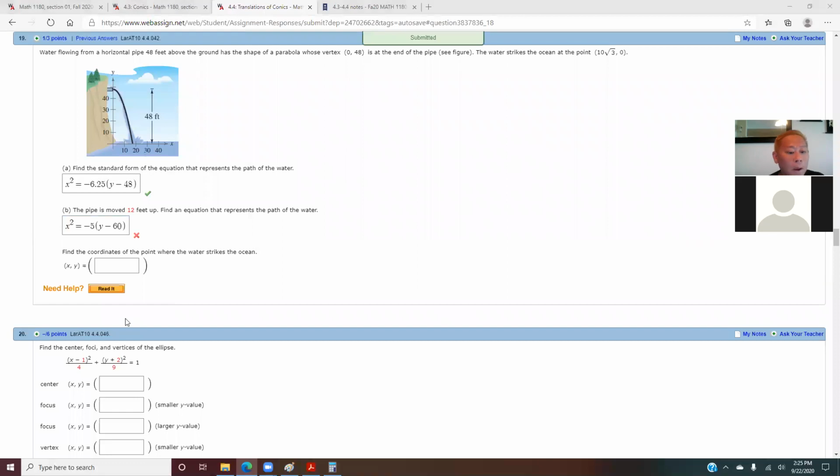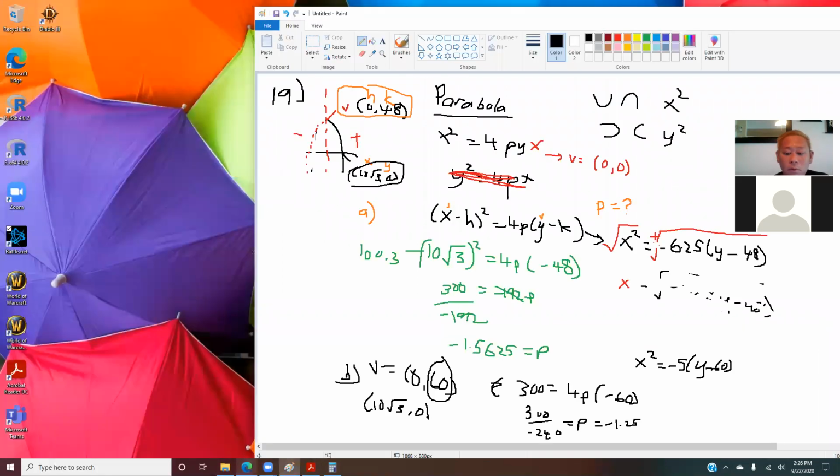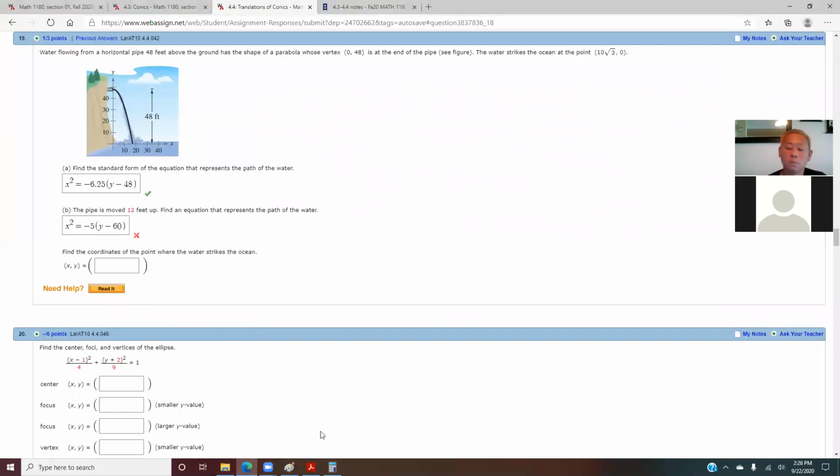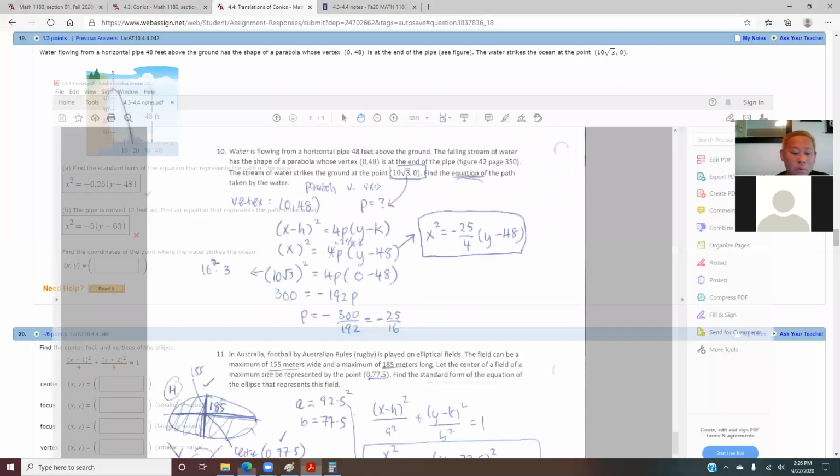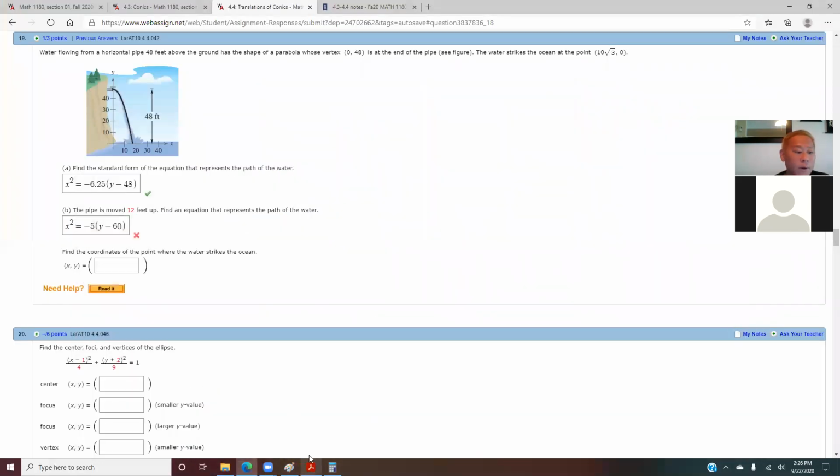Oh, that is wrong. The path of the water. Why is this wrong? That is weird. This is the p that we found. The pipe is moved 12 feet up, that means it becomes 60.